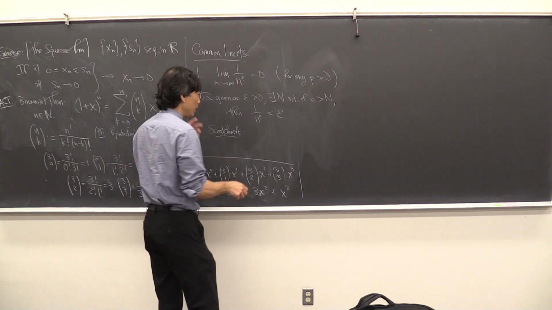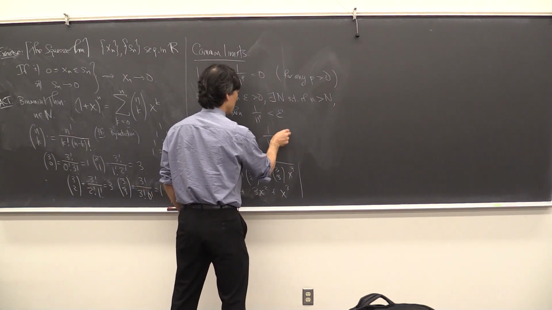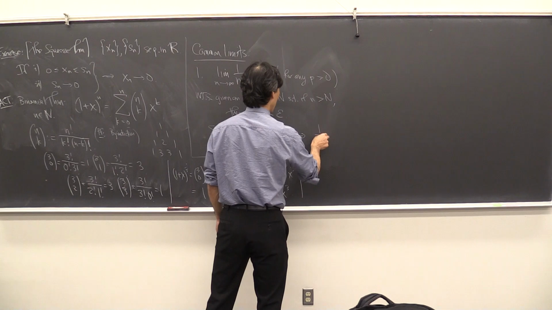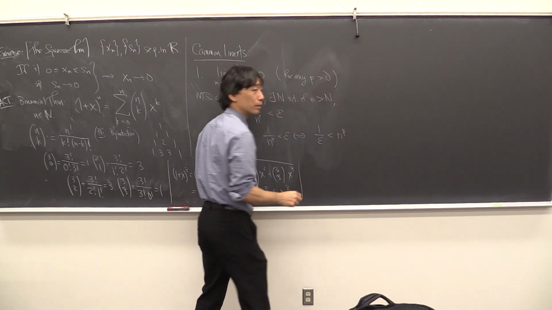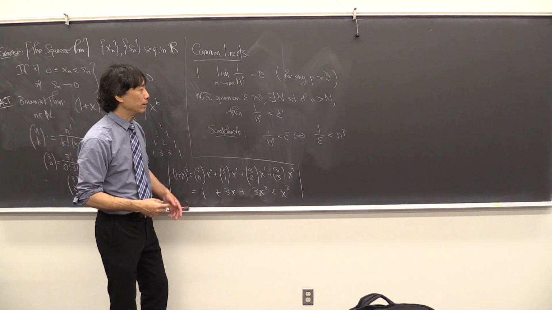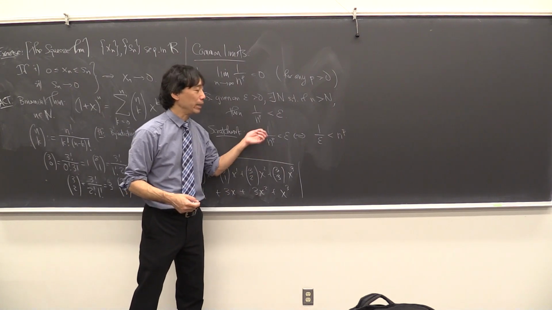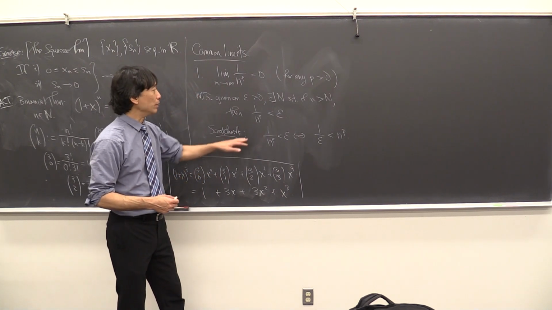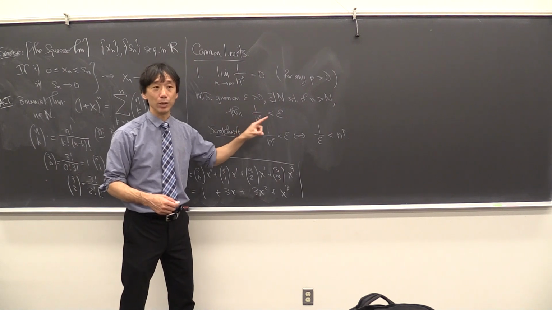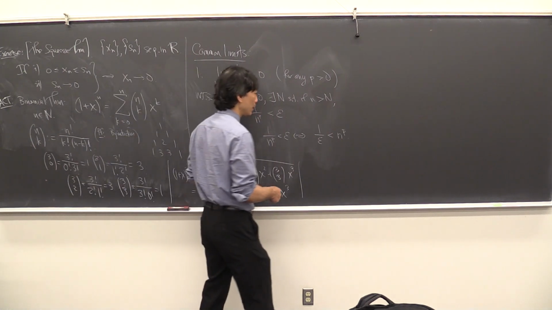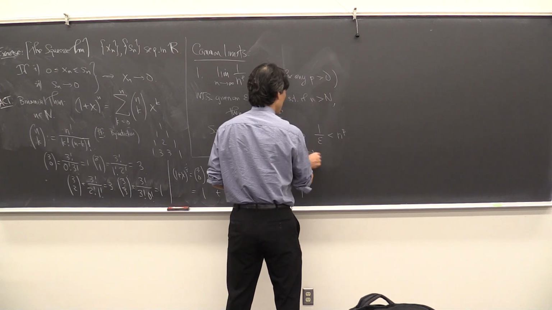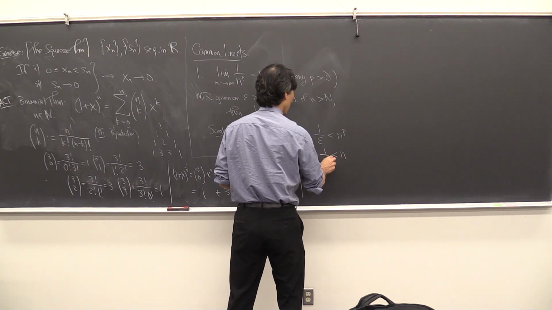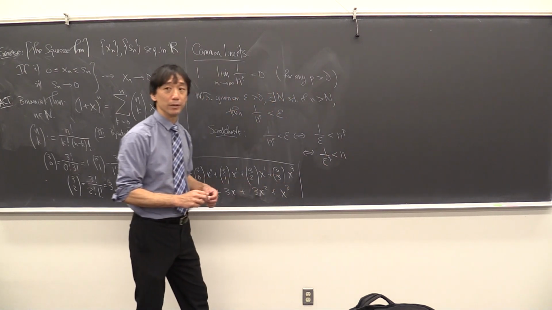So you think, well, look, 1 over n to the p being smaller than epsilon, well, that's the same thing as saying that 1 over epsilon is smaller than n to the p. I multiply both sides by n to the p, divide both sides by epsilon. Both of those things are positive, so I'm not changing the inequality. But that's the same thing as saying that n must be bigger than 1 over epsilon to the 1 over p, if I take the p through to both sides.